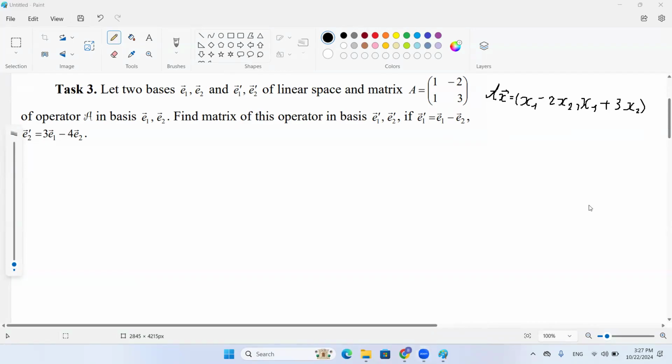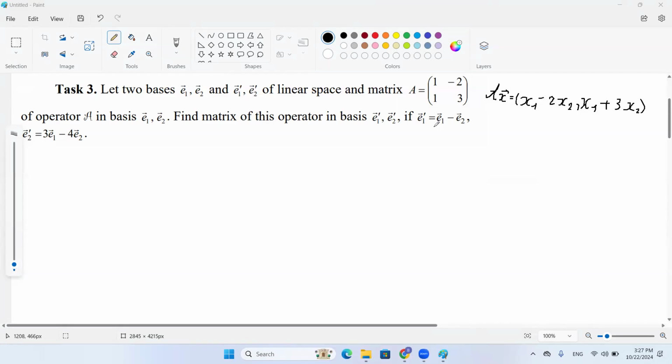Dmitro? I'm not sure, but we can take, for example, the first row of our matrix A as the first basis, so E1, and then apply the rule. What are you going to do with these vectors? I don't clearly understand.